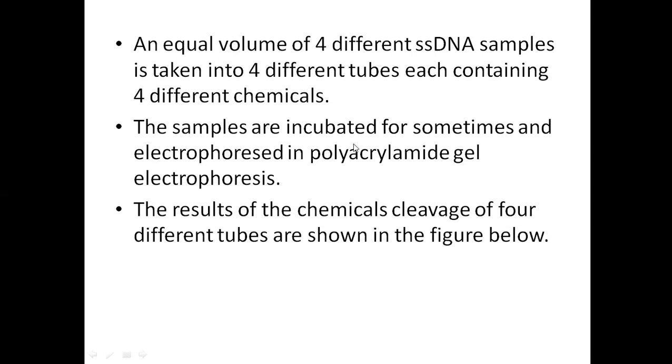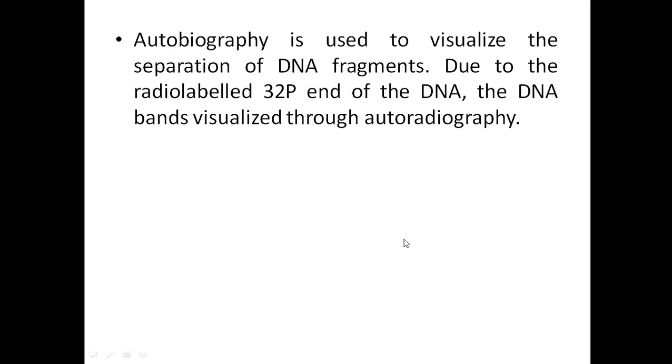Then the samples are incubated for some time and electrophoresed, so that you run them on a polyacrylamide gel. The results of the chemical cleavage of the 4 different tubes are shown in the figure below. I'll show you the figure in just a second. Autoradiography is used to visualize the separation of the DNA fragments.